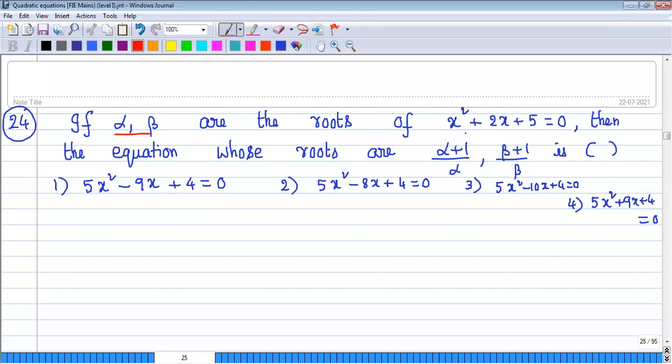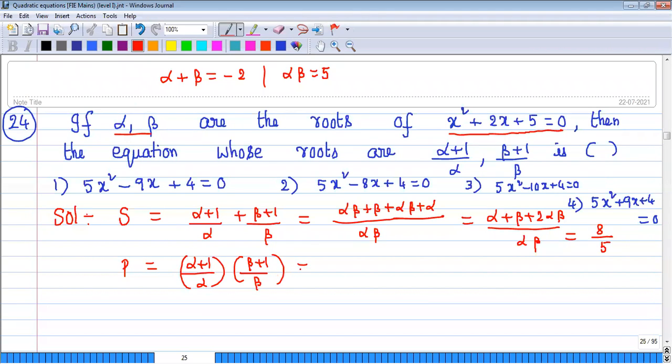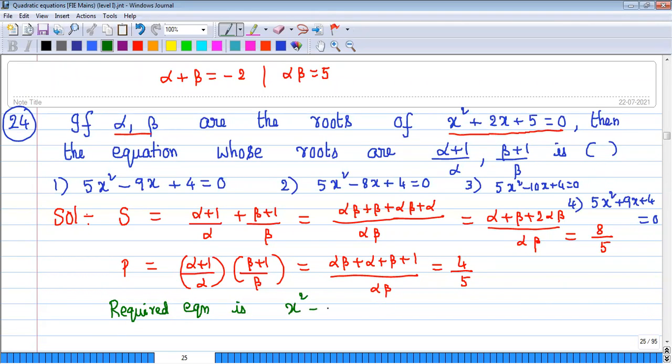Here alpha, beta are the roots of x square plus 2x plus 5. The sum of the new roots is alpha plus beta plus alpha plus beta upon alpha beta. Again, alpha plus beta is minus 2, alpha beta is 5, so minus 2 plus 3 plus 1, that is 8 by 5, and the product is 4 by 5. Now you can find out very easily. Required equation is x square minus sx plus p equals to 0.